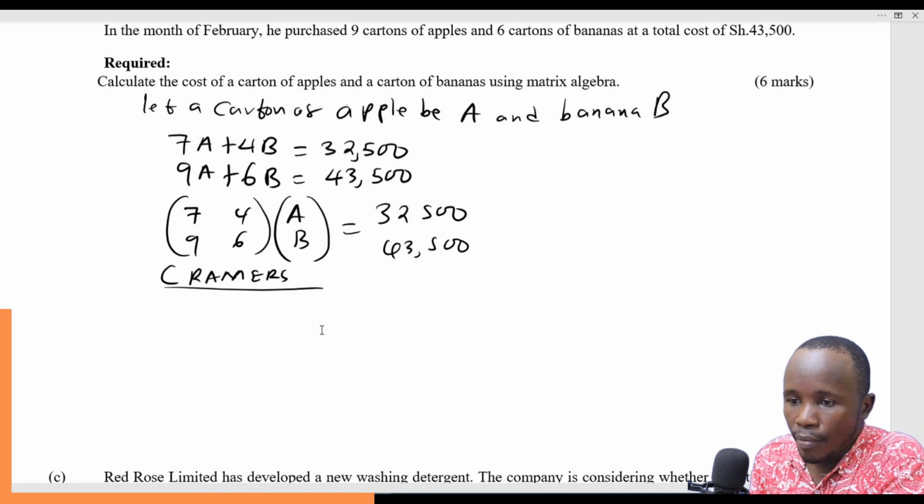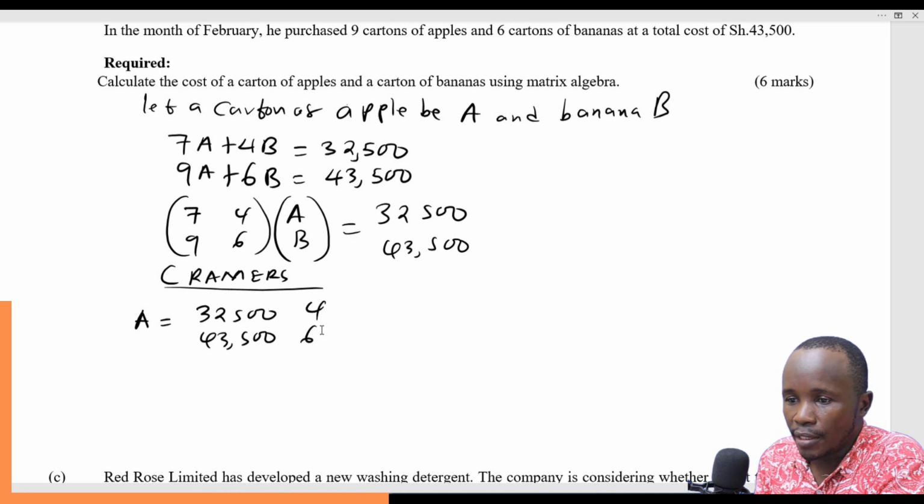Cramer's rule, if I need to get A, it therefore means I will replace the first column with 32,500 and 43,500, then 4, 6, divided by the matrix 7, 4, 9, 6.